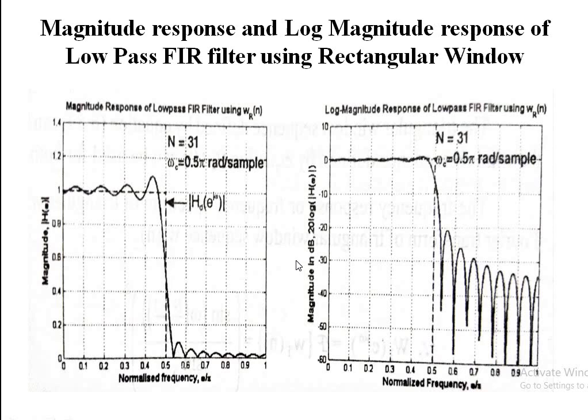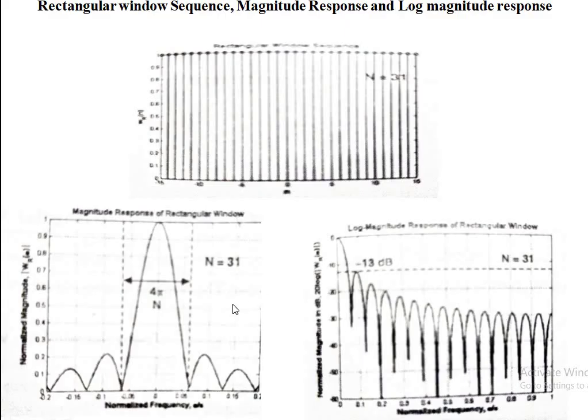The main lobe of WR of e power j omega, that is, the frequency response of the windowing function, causes a smearing in the features of the desired transfer function. The width of the transition region that we see in the frequency response is related to the width of this main lobe, which is equal to 4 pi by N in this case.